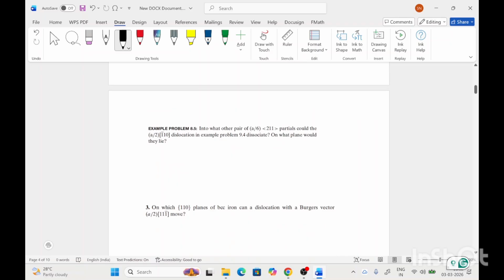Next question: into what other pair of a by 6 211 partials could the a by 2 dislocation in the previous example dissociate? On what plane would they lie?